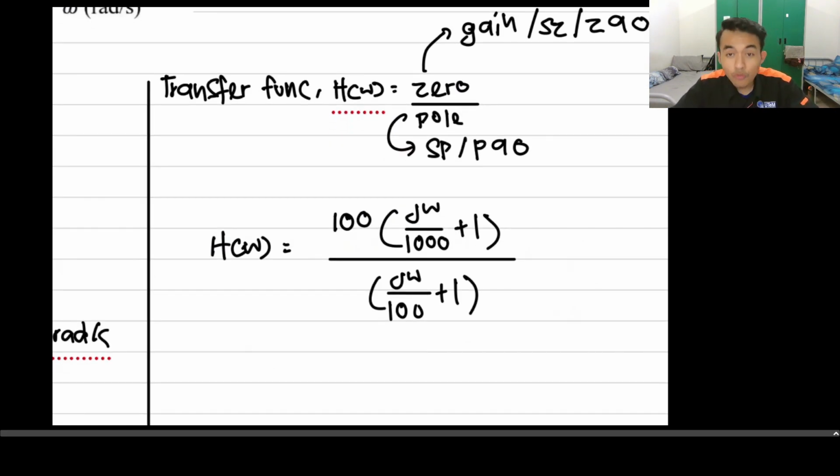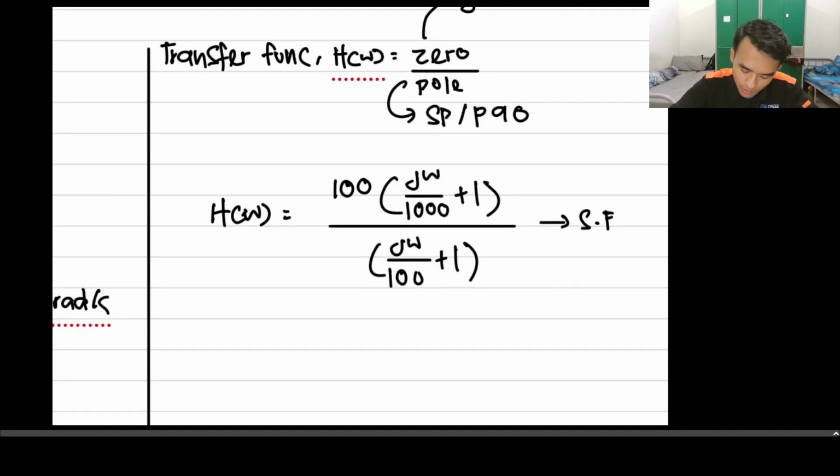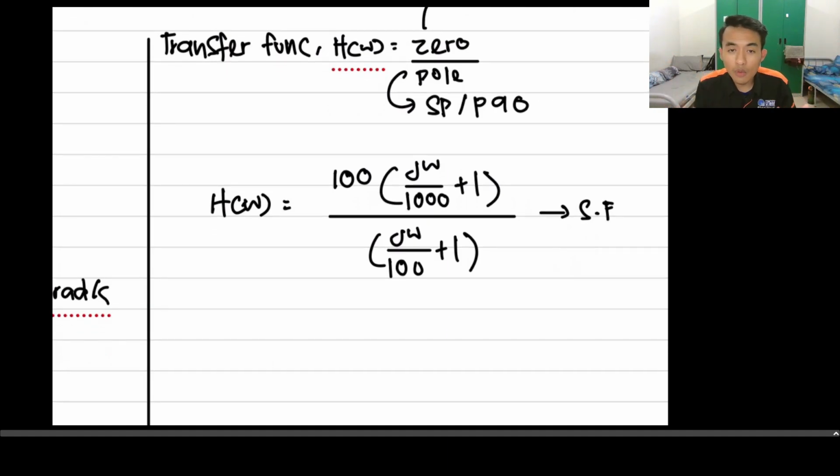So for information, this is the standard form, but we want to make it in general form. The standard form is that jω is divided by some value. So like this one, jω divided by 1000, and the denominator jω divided by 100. So that is the standard form, but we want the general form. In general form, jω is not divided by any value. Therefore, we want to cancel out the 1000 and 100.